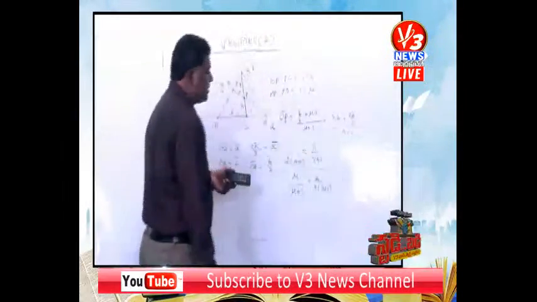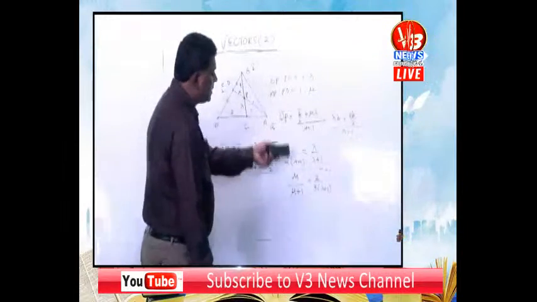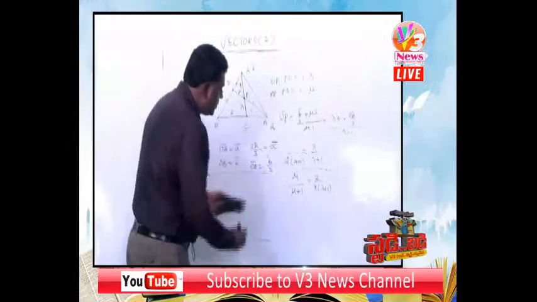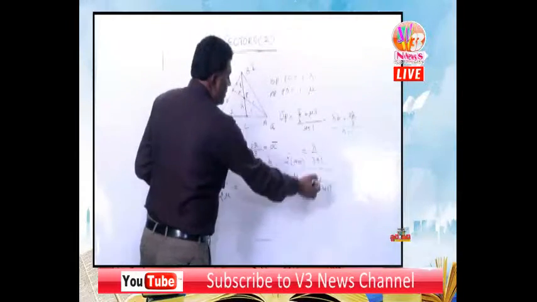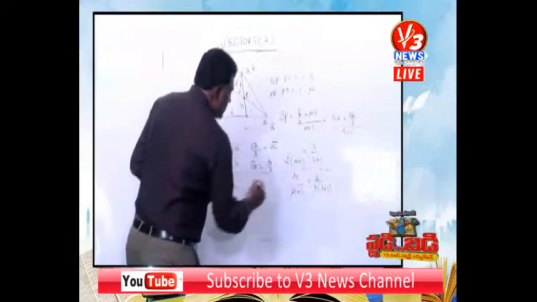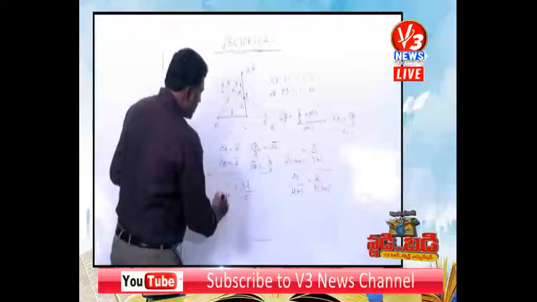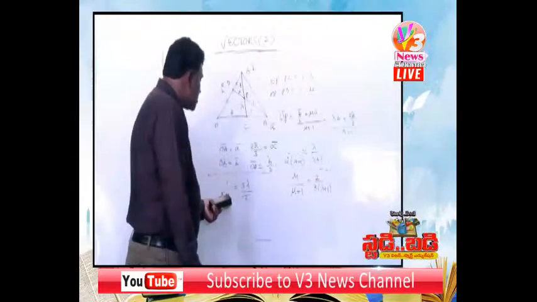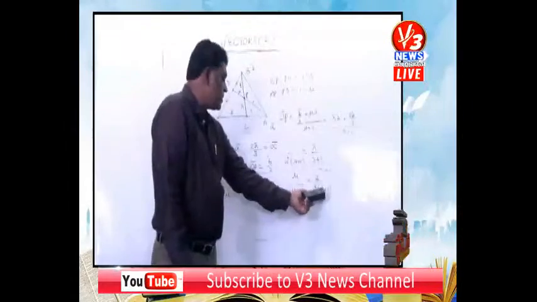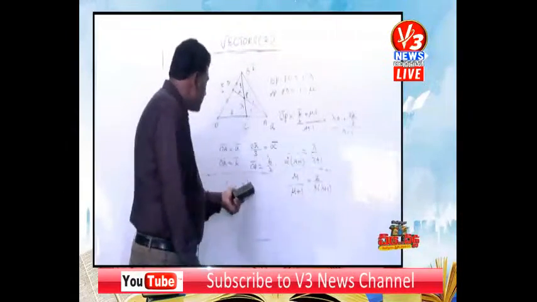Dividing both of them, if you divide the two equations, the terms cancel and you get 3 lambda. Substituting this lambda value in terms of mu into the equation, we get the value of mu.